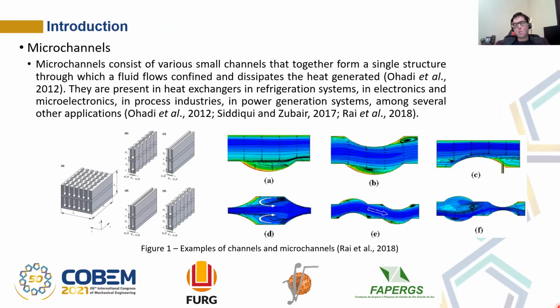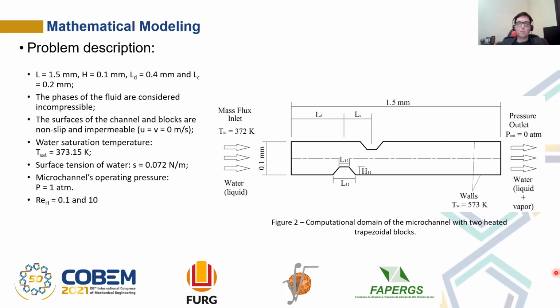In figure 2, we have the computational domain of the problem that we proposed. We have here the inlet of the microchannel, which has a height of 0.1 and a length of 1.5 millimeters. Water enters the inlet at the left side, passes through these two blocks, and exits the microchannel on the right-hand side.